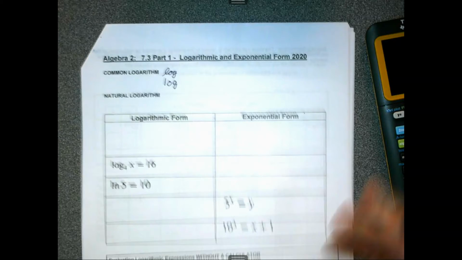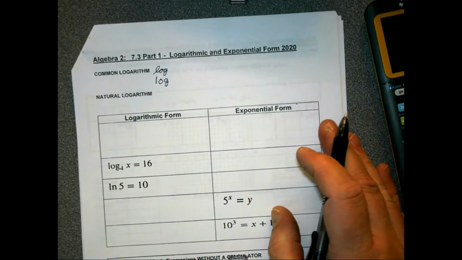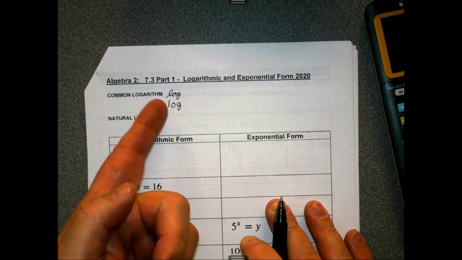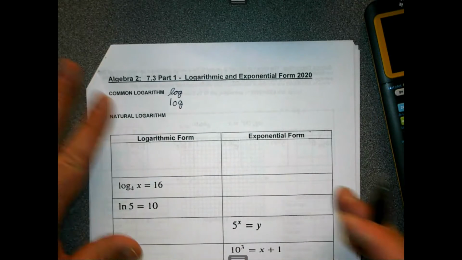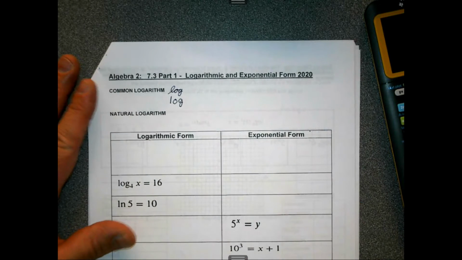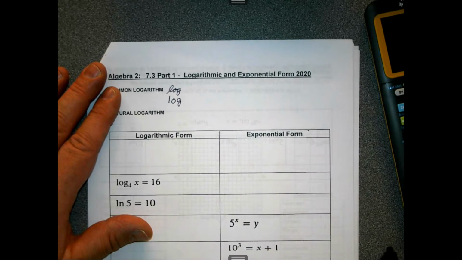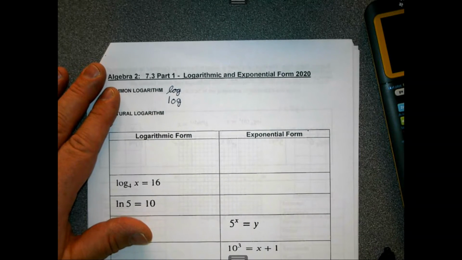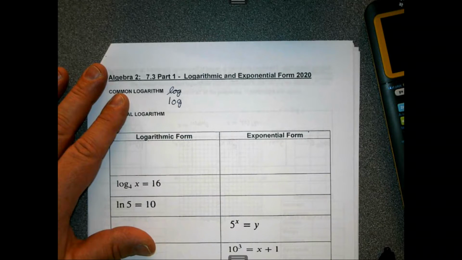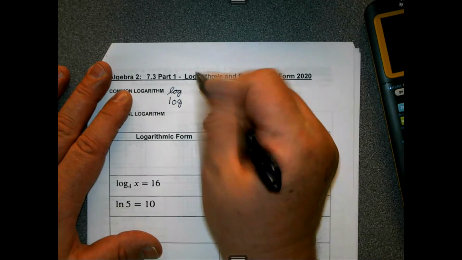Log. But since I did this for closer to 40 years, I'm going to be writing it like that, and it's going to be log of x.